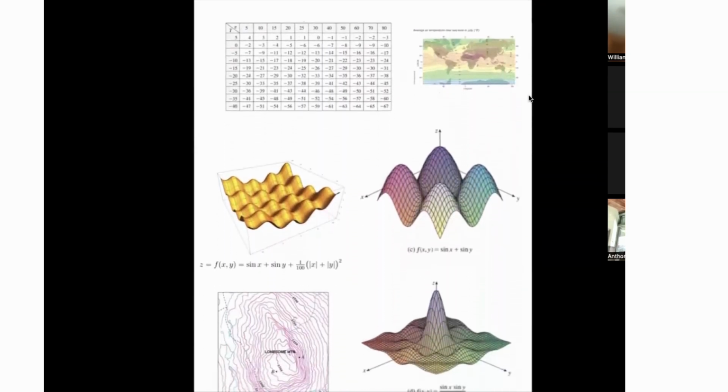The other day, I showed you different ways to look at functions, different ways that they're portrayed. So we often look at the surfaces associated with functions. There are also these contour plots, the weather diagrams.